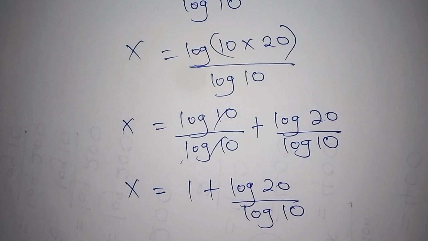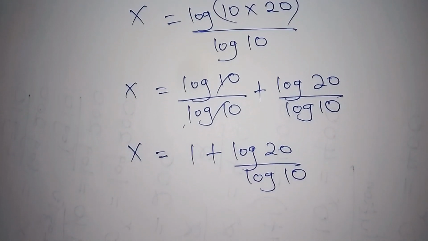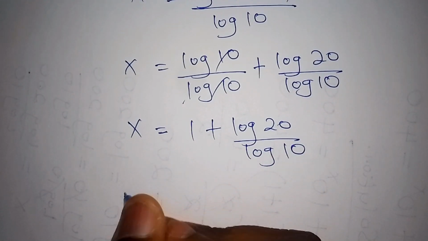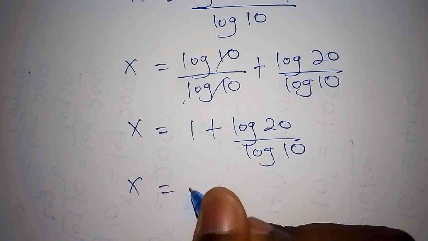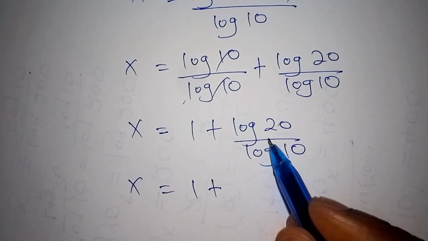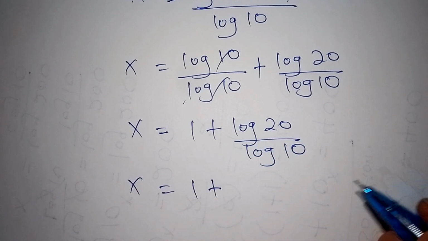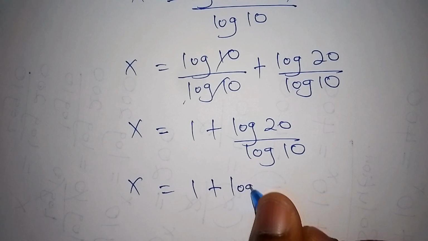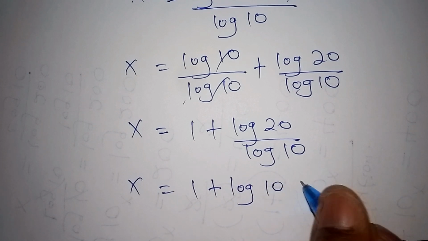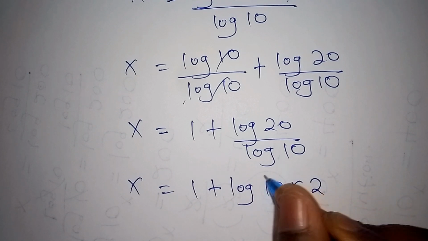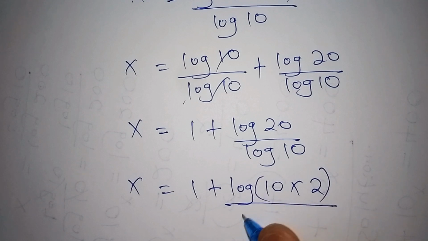So we don't stop there, we can still factorize that part. Now x is equal to 1 plus, we can still factorize the log of 20 by saying now we shall have the log of 10 multiplied by 2, all over the log of 10.